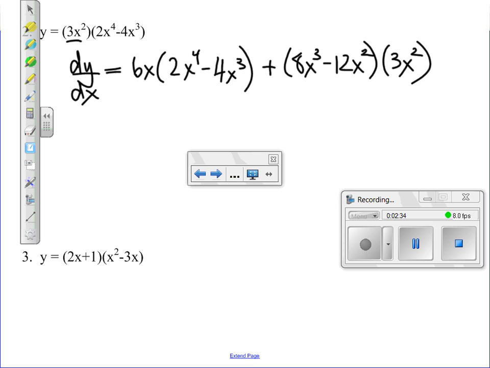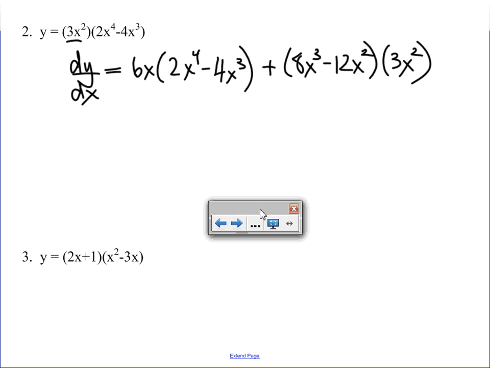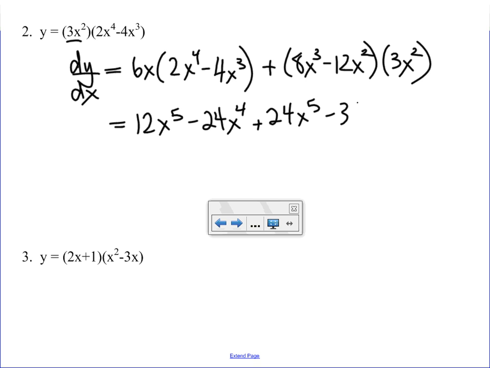And then we can simplify that and multiply everything out and add things together that go together. And in this case, the only ones that would go together are those, and then these would be added together, and you would get your answer as being 36x to the 5th minus 60x to the 4.